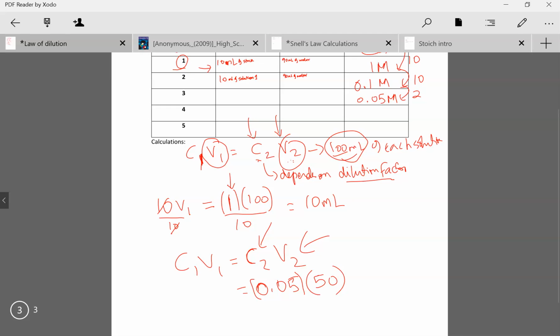So the C1 here is our previous solution, so 0.1, and we have to find the volume of that solution that we need. So again, I'm going to divide both sides by 0.1, and I'm going to do this in my calculator, which gives me 25 milliliters.